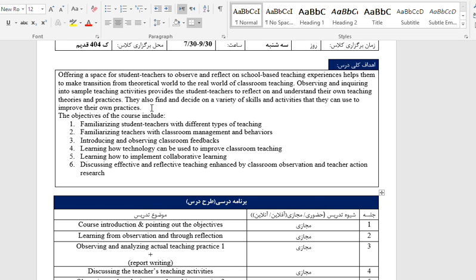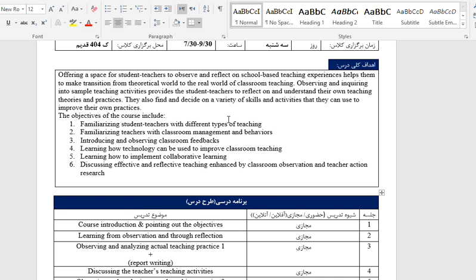Again, you can use voice recordings, and you can share your ideas with us and tell us what the most important points in actual teaching practices are, and what the challenges of teaching practices are.